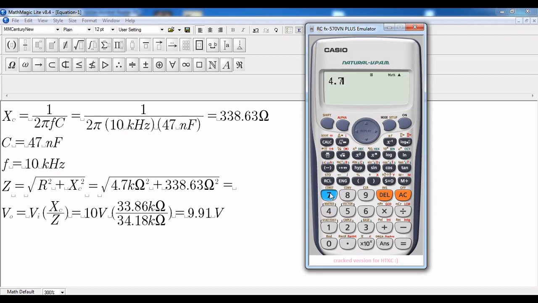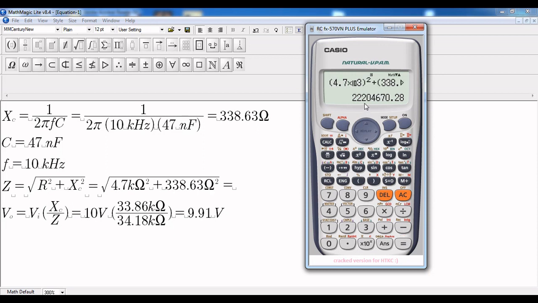So 4.7 exponent 3 x squared plus 338.63 x squared. Then let's get the square root of the answer. So it would be 471.